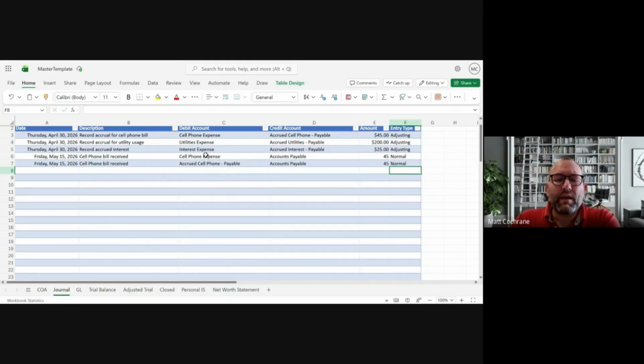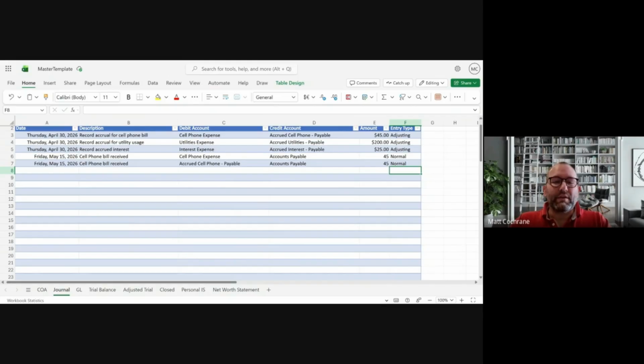So again, the $45 that's now sitting in accounts payable represents the amount that we have to pay for this bill. The cell phone expense and the accrued cell phone payable capture the value that's used today and the clearing out of the value that was used in another period.